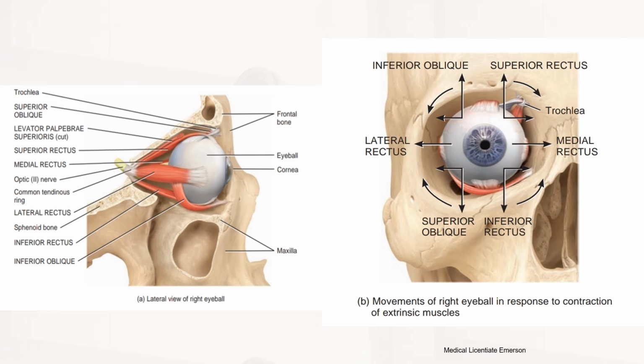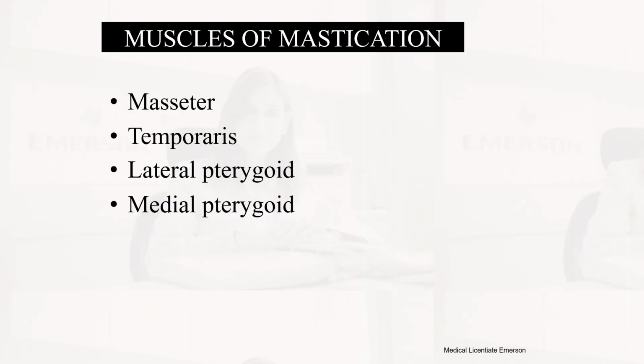Okay, so let's move. Then you have muscles of mastication, meaning muscles that are actually used during mastication, which is of course chewing. Remember, most of these muscles are innervated by cranial nerves. Specifically, these ones are innervated by cranial nerve number 5.